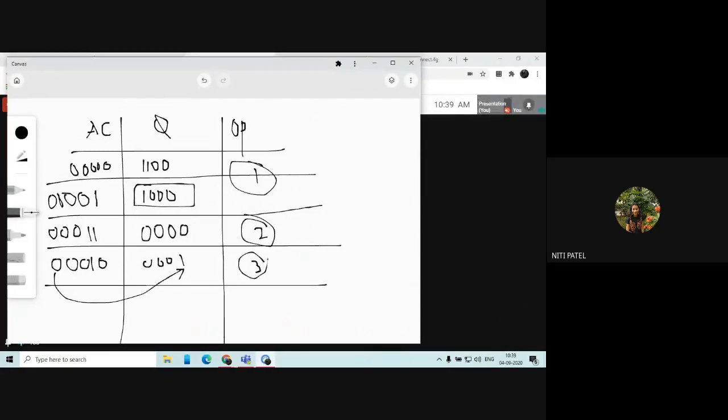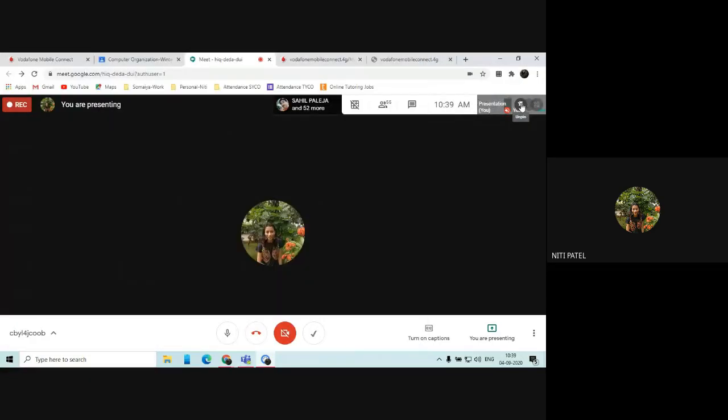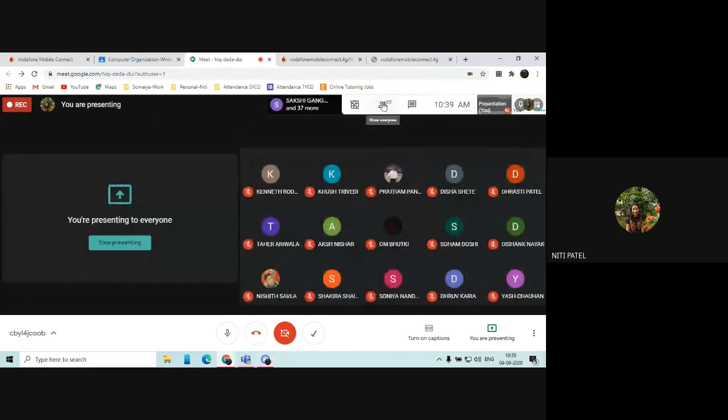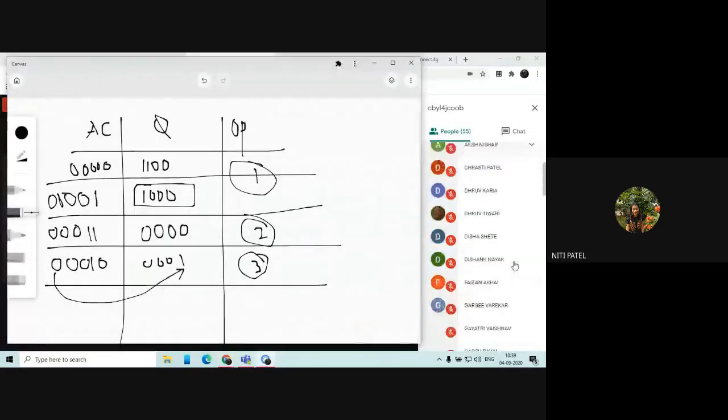Rudra, cycle 4. Cycle 4. Rudra, put your mic on.